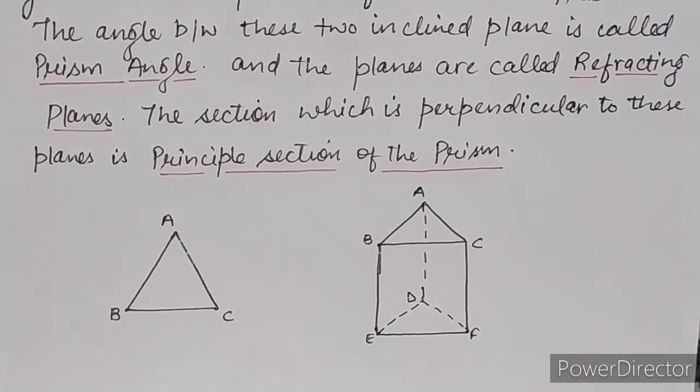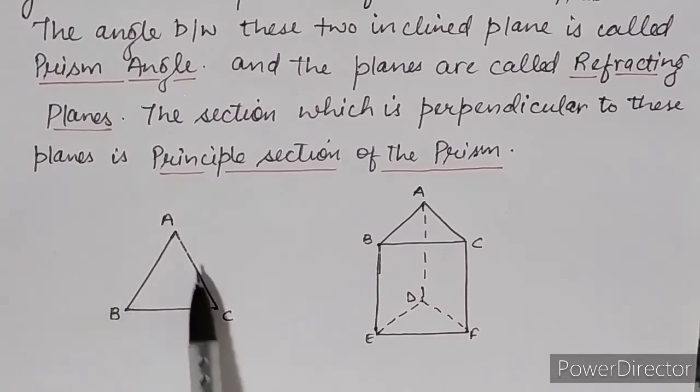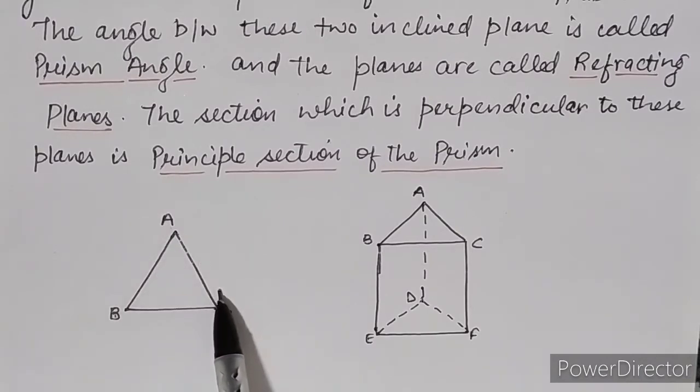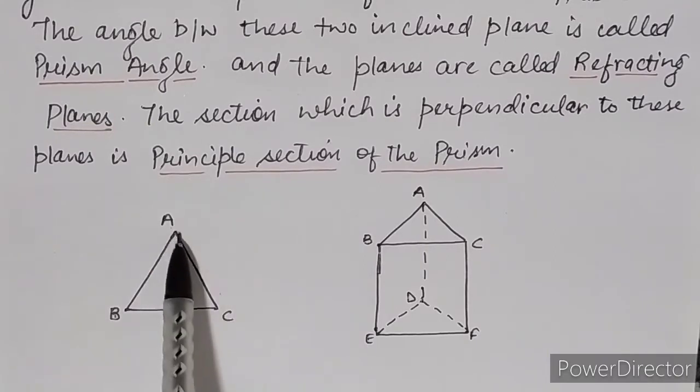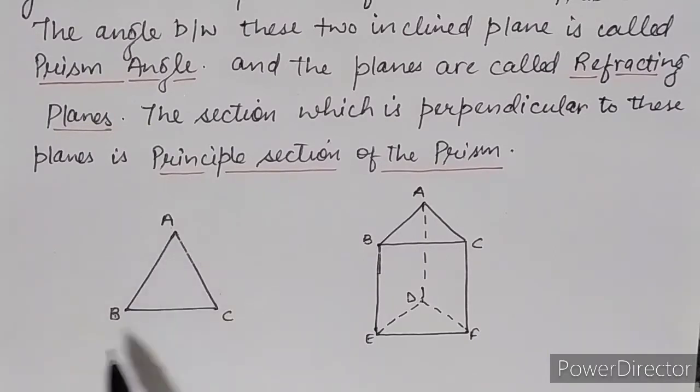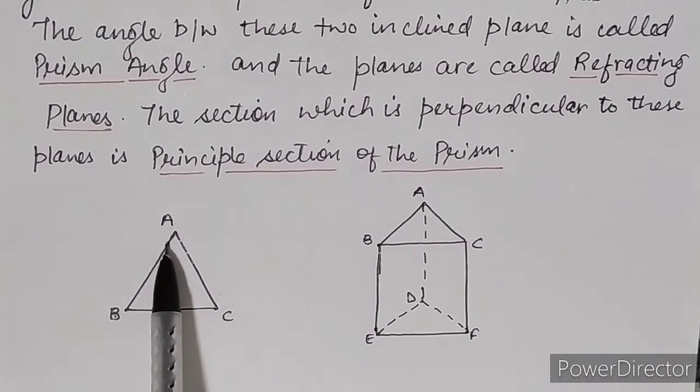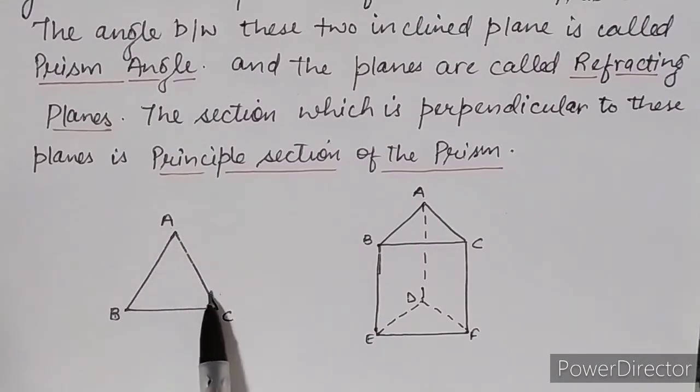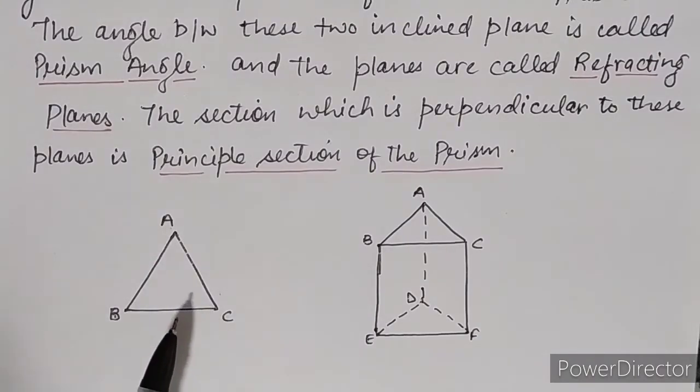Now here, beta, I am showing you that ABC is your principal section, and angle BAC and angle ABC, or you can say angle ACB, all these are your prism angles. If you are discussing this, either this or this, all these are your prism angles. These all depend upon the refracting planes which we are using.